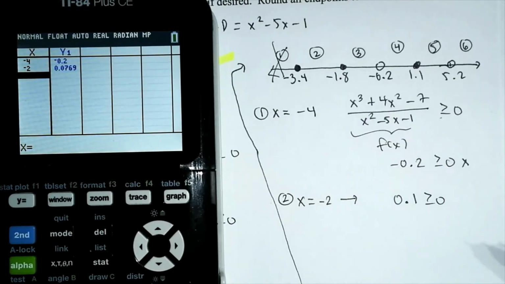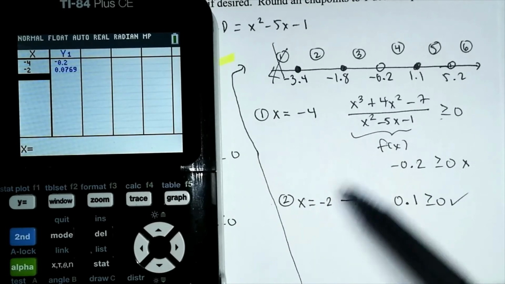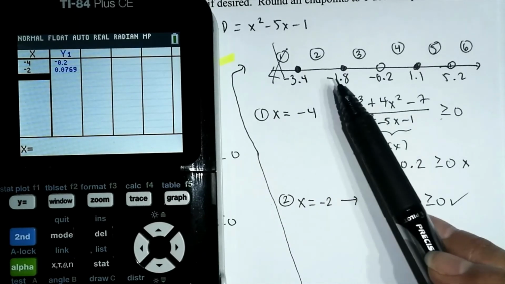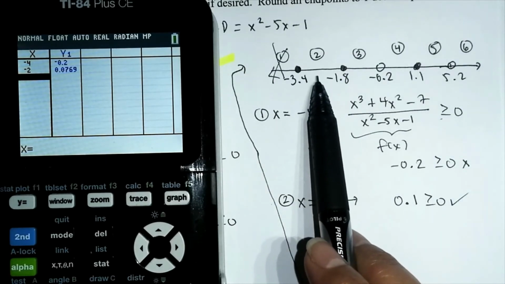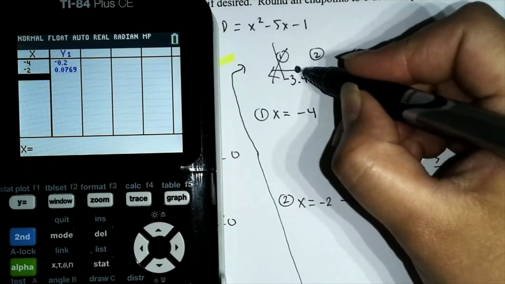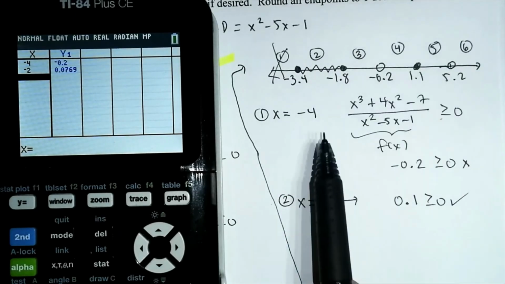So what I want to ask myself is this: is 0.1 bigger than 0? And that's the, what did they say, affirmative? Yeah. So our test value, whether it be -2 or any other number that you tested in that interval, is a solution, which means that every other real number in this interval is also going to be a solution. So let's graph them. Cool. So 2 intervals tested, 4 more to go if I know how to count.